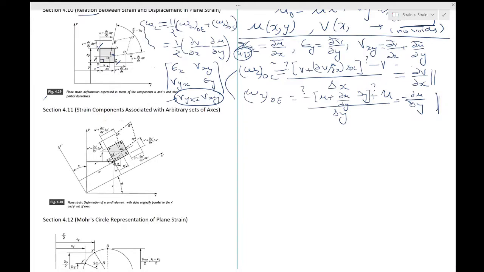Okay, and you will do it in the same way. For example, for C, you will have to make something like this, and then this point and this point, so extension in this one, extension in this one, then the change in angle and so on. So the strain and rotation for C will be different than that of O. That's generally true.